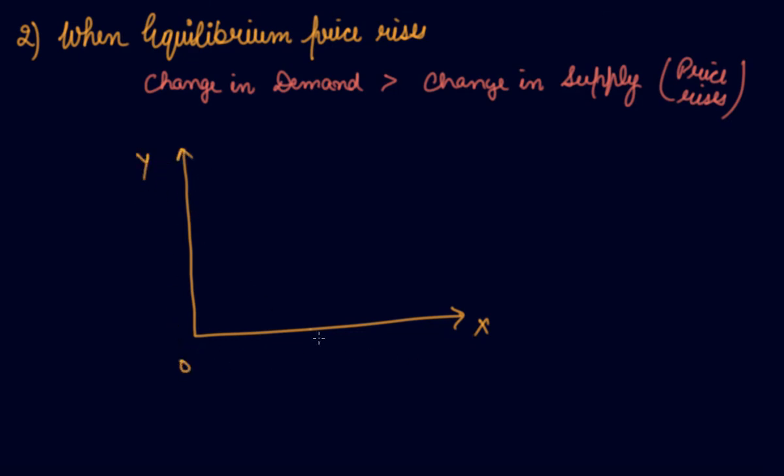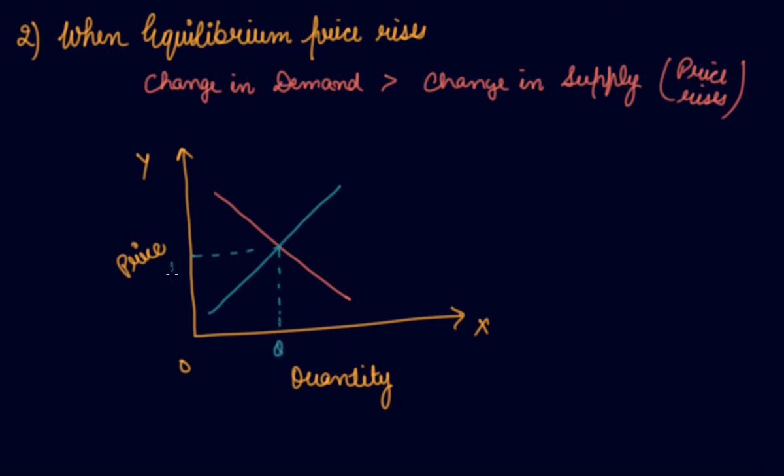X, O, Y. This is your quantity, this is your price. This is your demand curve, this is your supply curve.